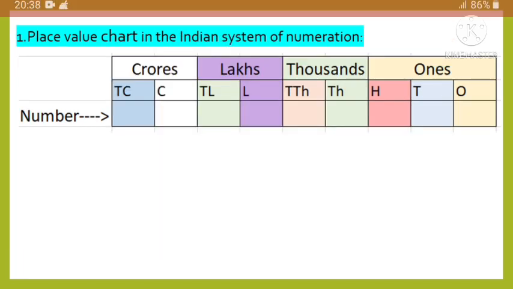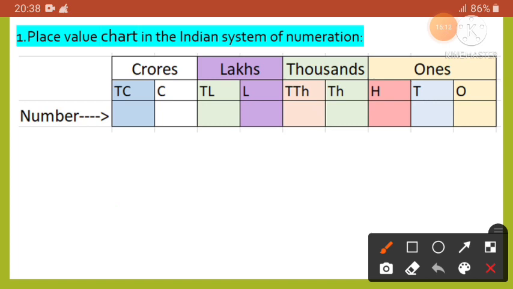So we are taking first the Indian system of numeration. The number is 7 nines, placed in columns 1, 2, 3, 4, 5, 6, 7.